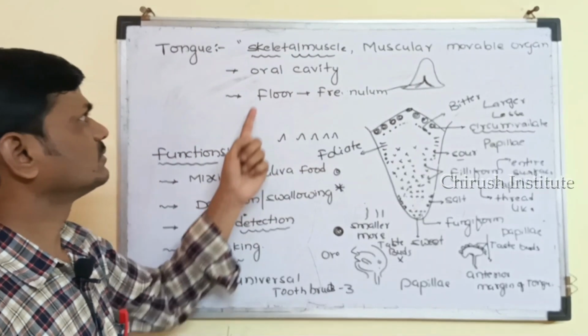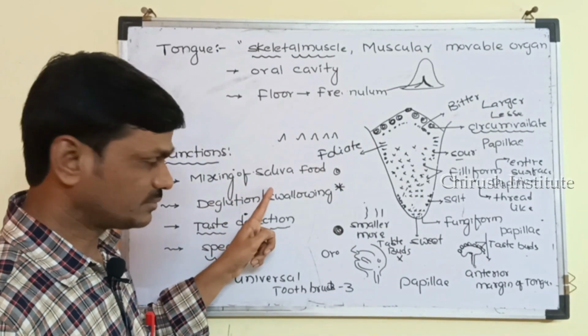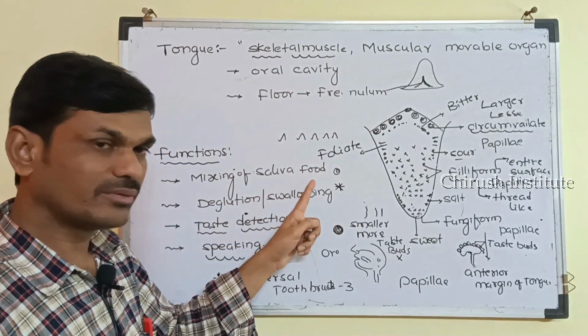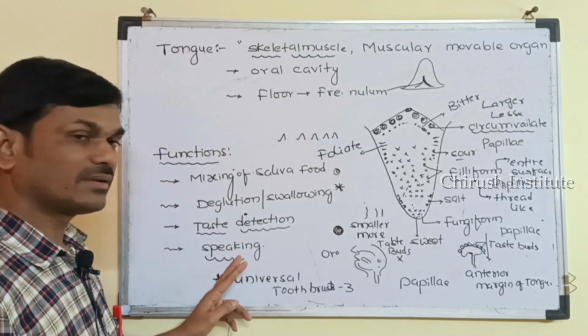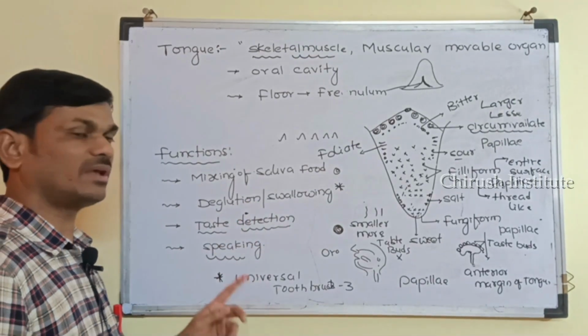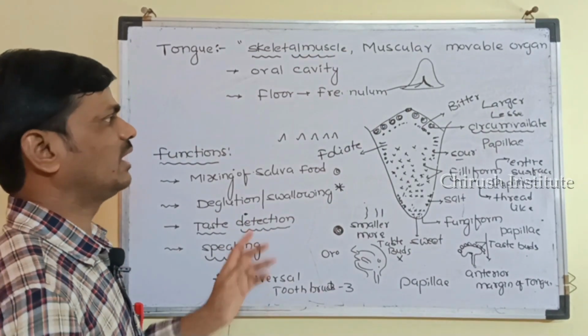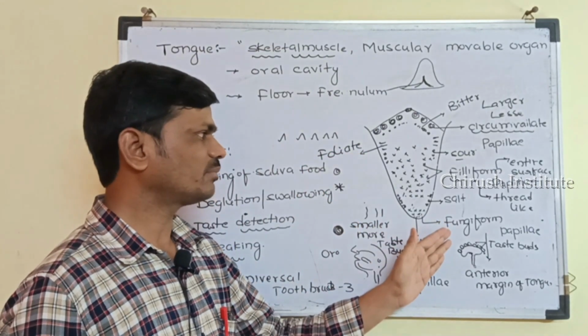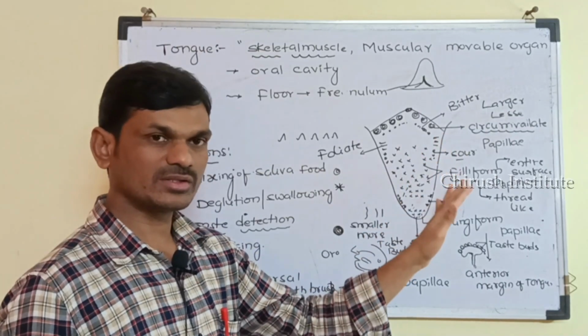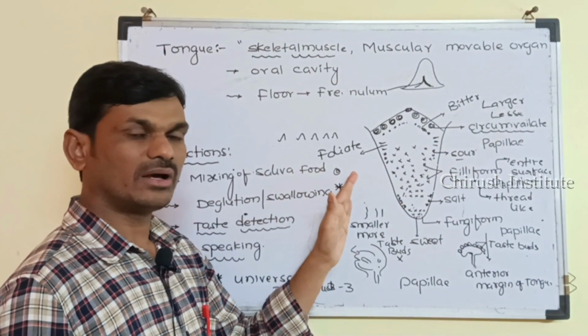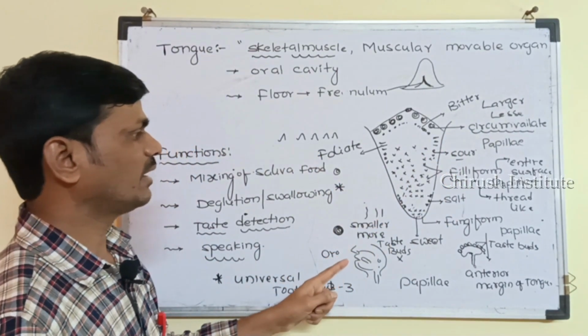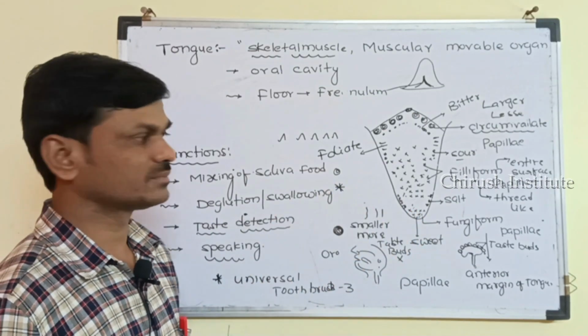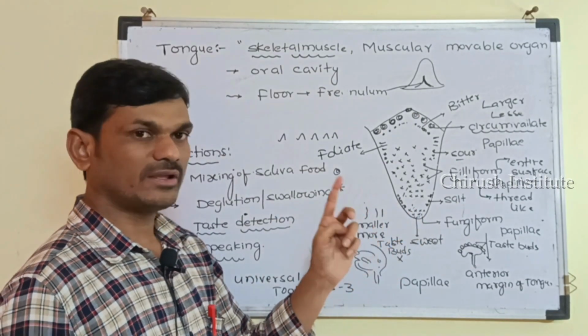It helps in taste detection, mixing up the saliva with food, speaking, and deglutition, and acts as a universal toothbrush. On the surface of the tongue, many papillae are present: fungiform, filiform, circumvallate present, and foliate nonfunctional. Fungiform papillae are on the anterior margin and contain taste buds.